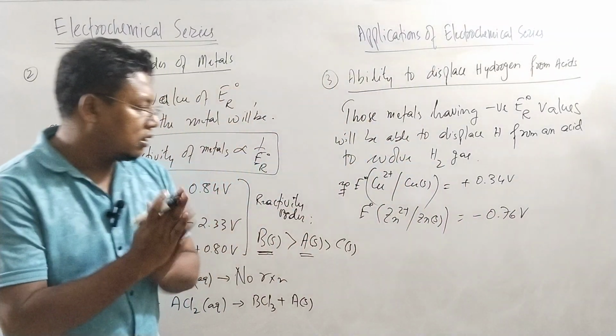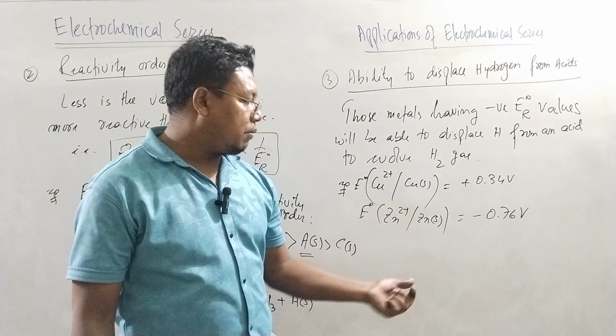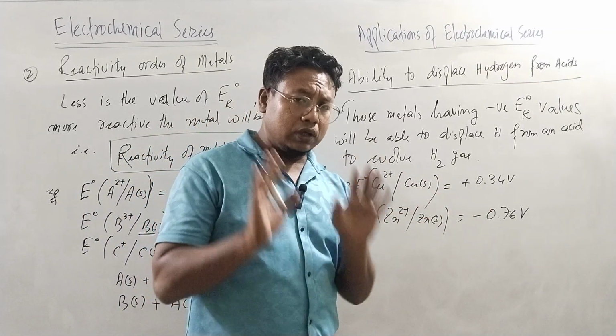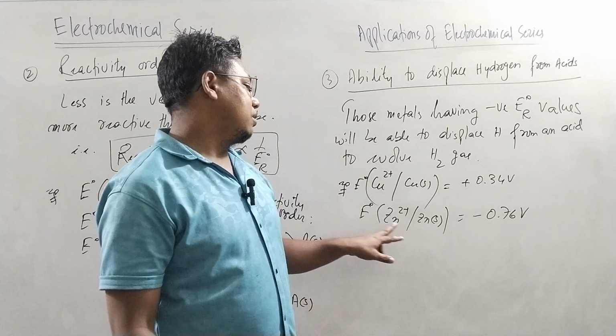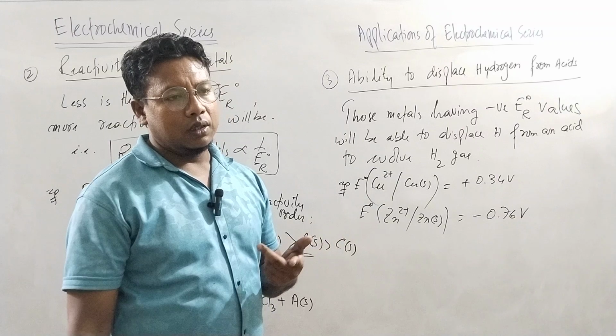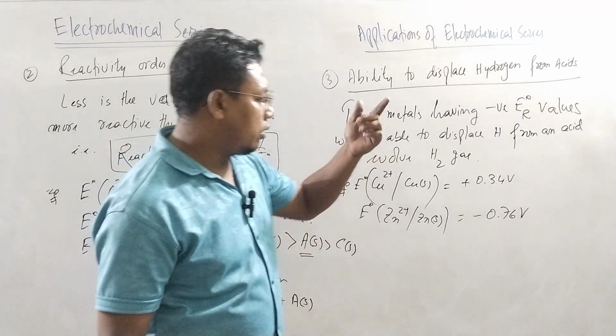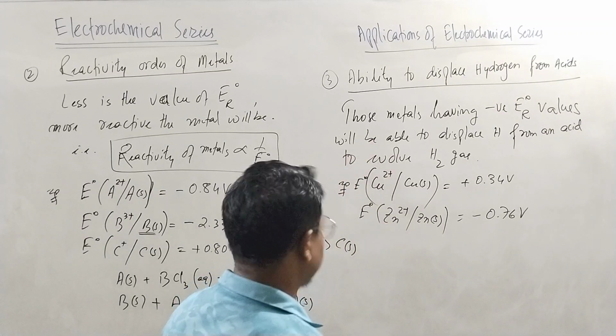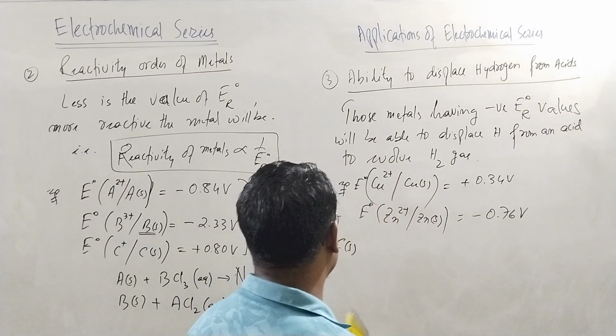So in this case, zinc has a negative E naught R value while copper has a positive E naught R value. So zinc will be able to evolve hydrogen from an acid while copper will not be able to evolve hydrogen gas from the acid solution.